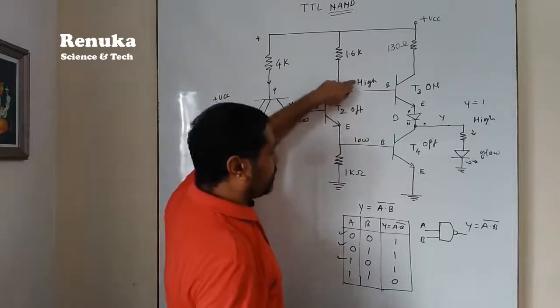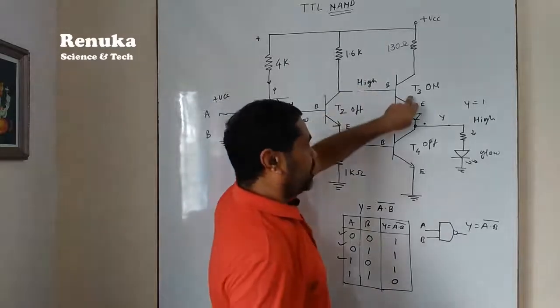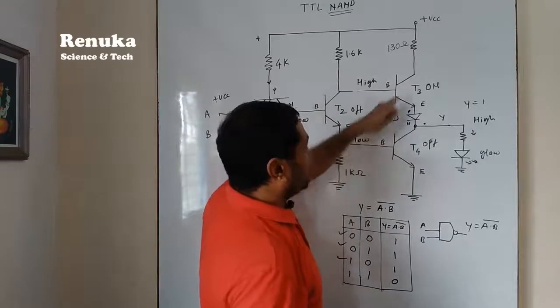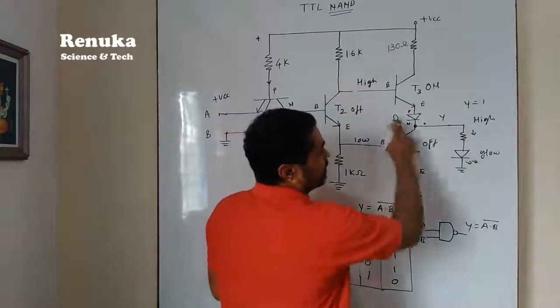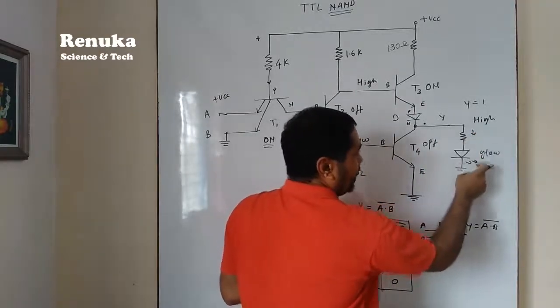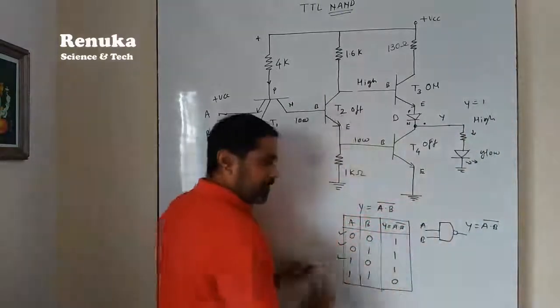It will create a high voltage at the collector and a low voltage at the emitter. The high voltage will turn on T3 and the low voltage will turn off T4. So the same condition as in the previous stage arises here. The LED will glow and show that the output is high, so Y equal to 1. So the third condition is satisfied.